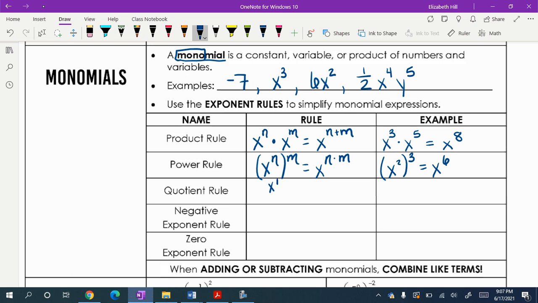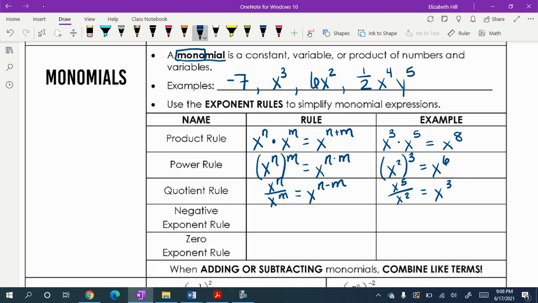Quotient rule, here we are going to be using subtraction. So x to the power of n divided by x to the power of m is equivalent to x to the power of n minus m. So x to the 5th divided by x squared will give us x to the 3rd. What's happening here is values are canceling each other out.